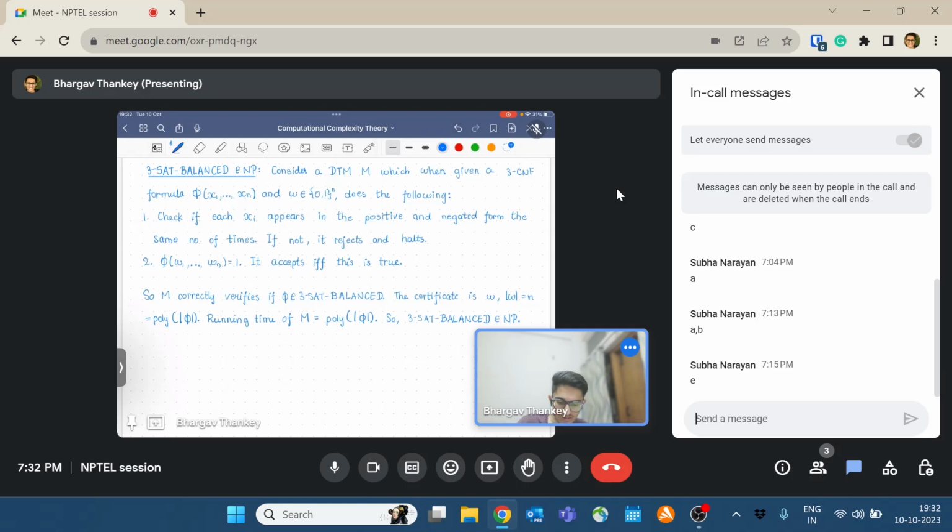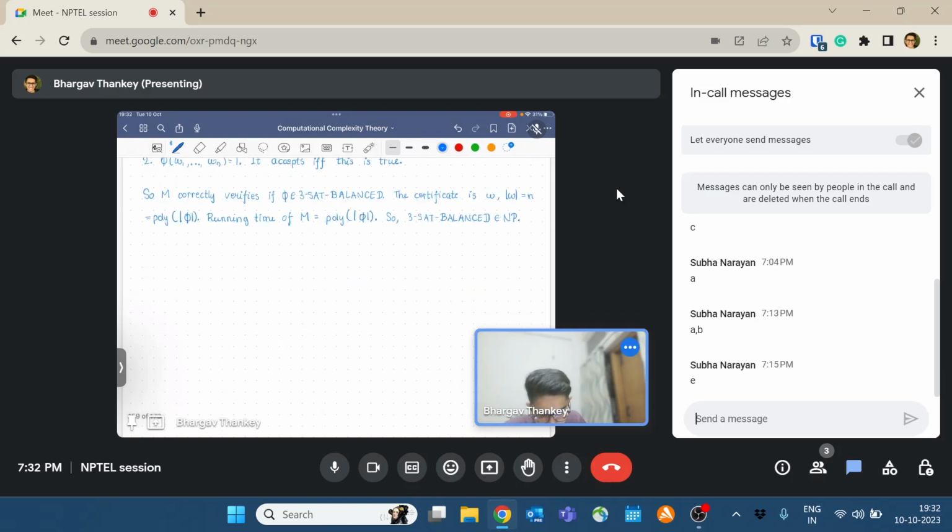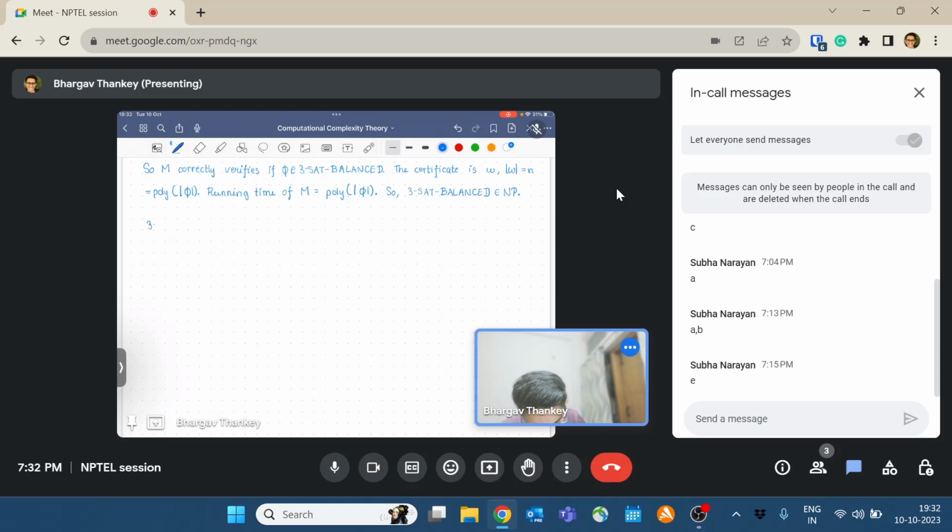So now let's look at why this is NP hard. To show that 3-SAT-Balanced is NP hard, we can reduce from any NP complete problem. Since 3-SAT-Balanced is very much related to 3-SAT, we'll just use 3-SAT, right?